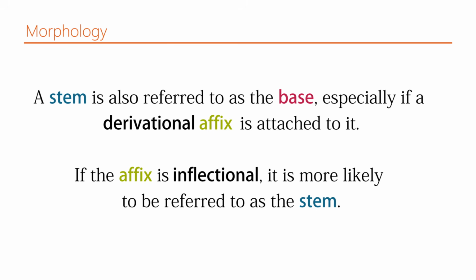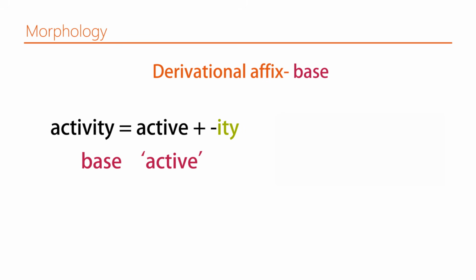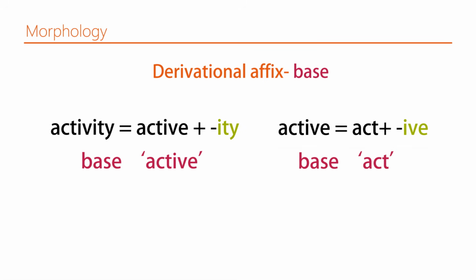So it's a bit of a technicality here. So for example, in "activity", you could call "active" the base. Even in "active", because this is derivational, it changes the grammatical category, you can still talk about "act" as the base.